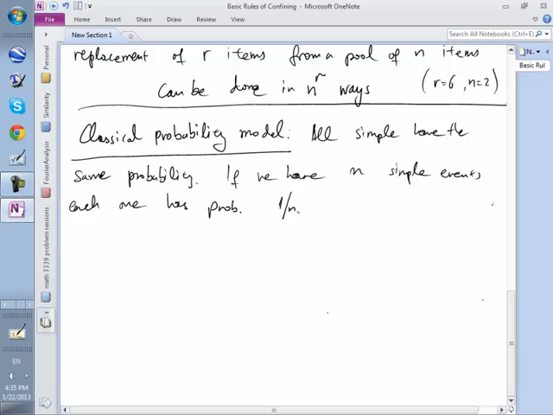Now, when we want to calculate the probability of A, then we have to look at the description of A. And according to the classical probability model, this is going to be the following ratio. The denominator is the number of all possible simple events in the experiment.